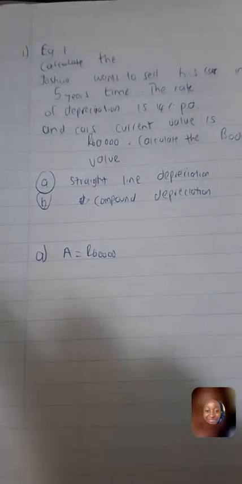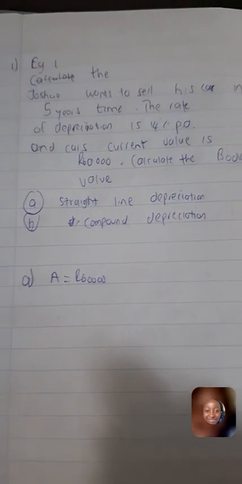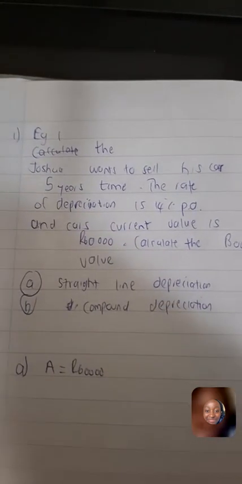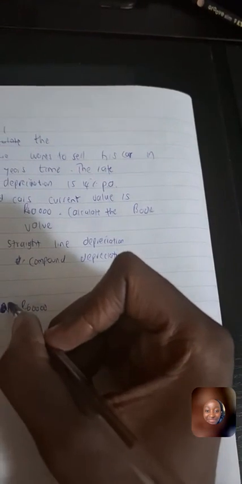A is equal to 60,000. No, I'm wrong, wait, it's P. P is equal to 60,000, and A we don't know yet.